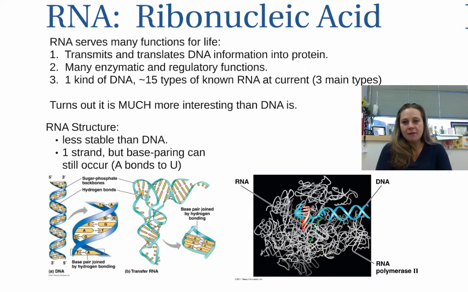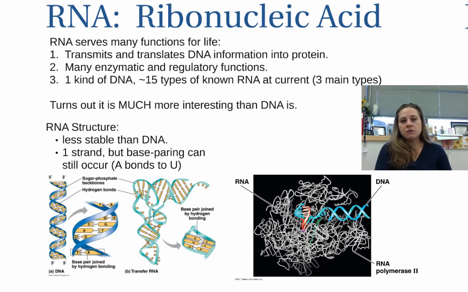All right, so RNA, ribonucleic acid. RNA is no longer considered just the lackey of DNA. RNA is hugely important, and it has an enormous amount of jobs that it performs. We know it acts as the messenger.